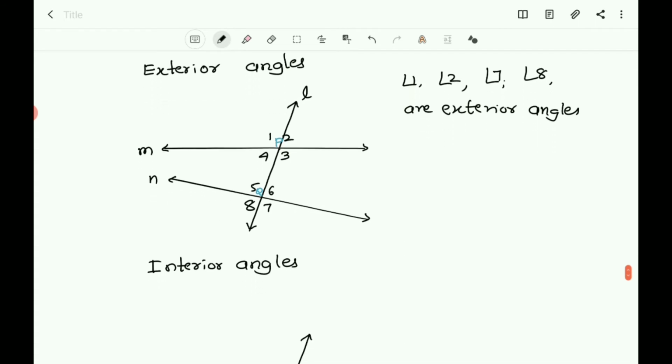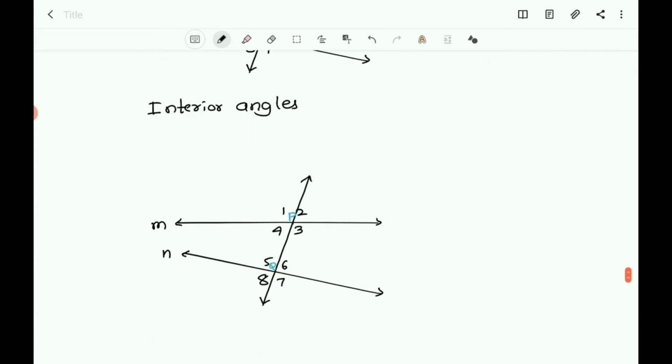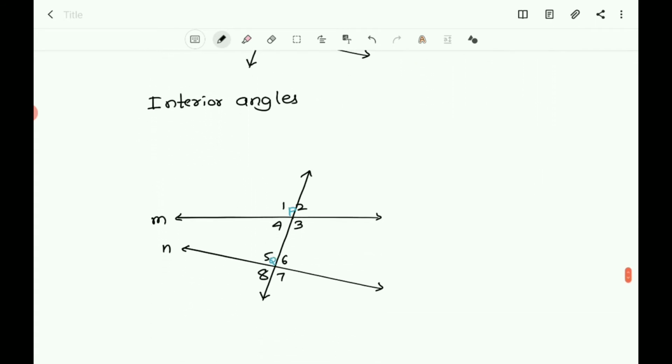Again let us come to the interior angles, the angles which are inside the lines M and N. Here which are the angles inside? The angle 3, angle 4, angle 5 and angle 6. These are the angles between M and N. They are inside the lines M and N. So they are called interior angles.